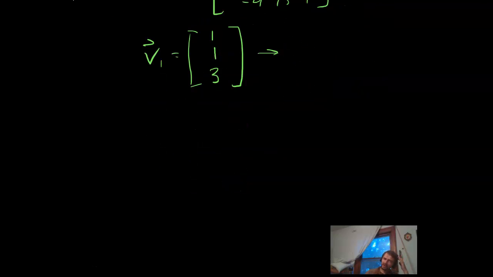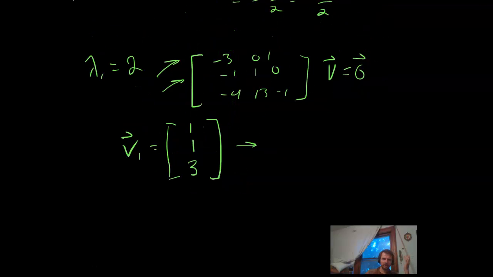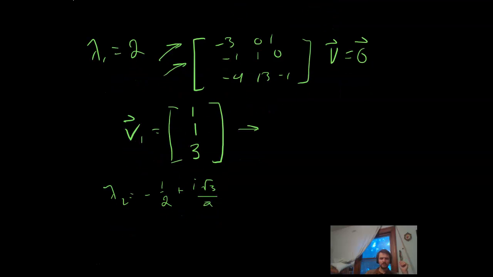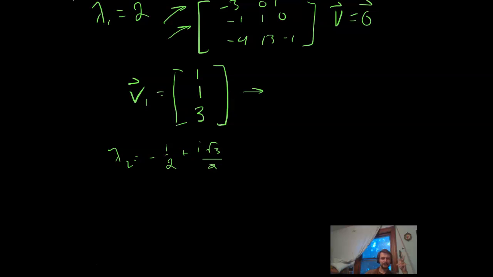Now, likewise, with the complex roots, it does get a little bit more, shall we say, interesting, because when you plug in, let's say we plugged in lambda 2, which we'll call the -1/2, take the plus first, plus i root 3 over 2. So using that one, if I plug that into my matrix, I end up with a matrix that looks like this. I'm going to do it in yellow for no actual reason.